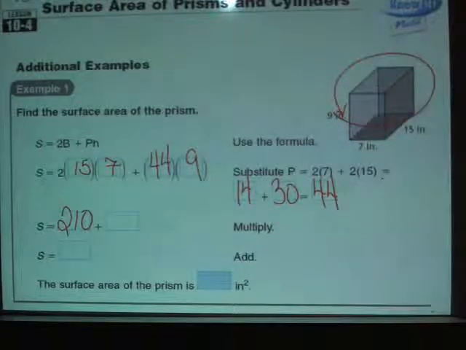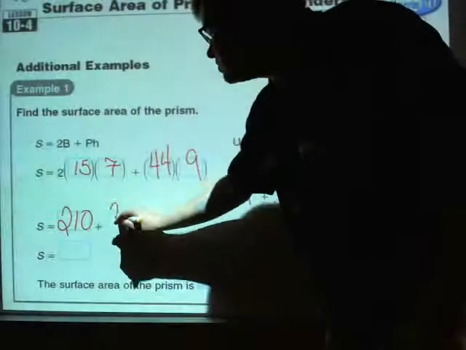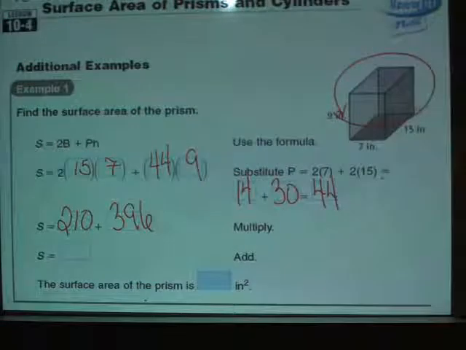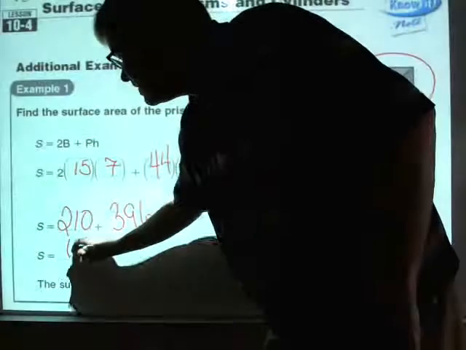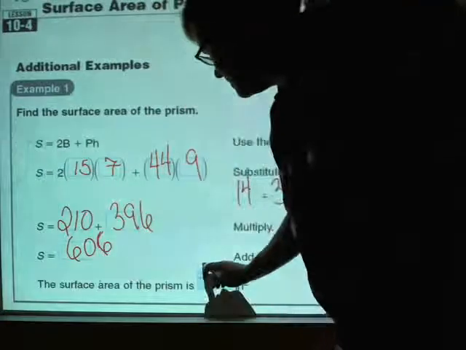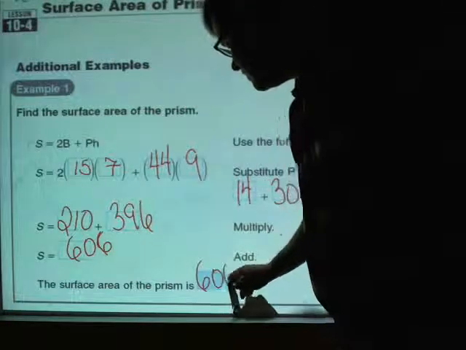So it's really just me finding the area of a giant rectangle as I lay it out flat, 44 times 9. 44 times 9 is going to change into 396. So to find the surface area here, I'm doing 210 plus 396. 210 plus 396 is going to change into 606. So the surface area of the prism is about 606 square inches.